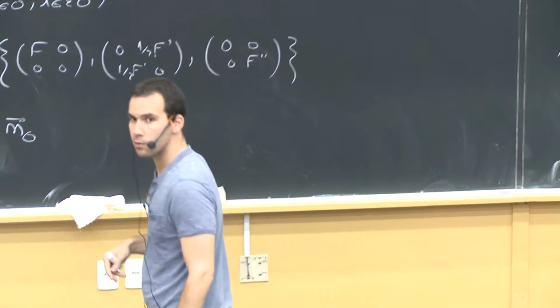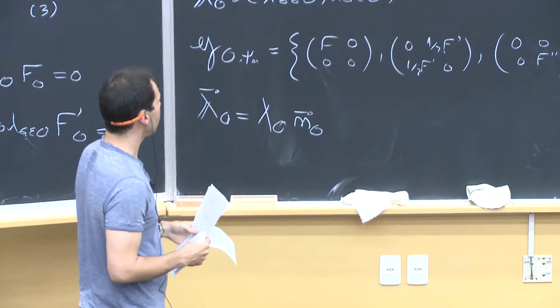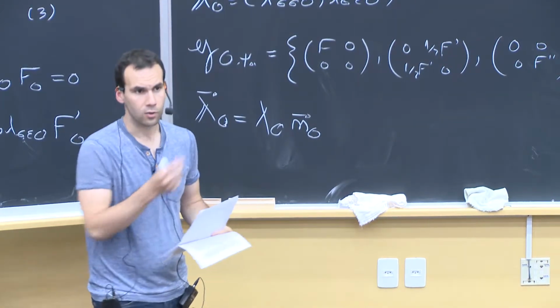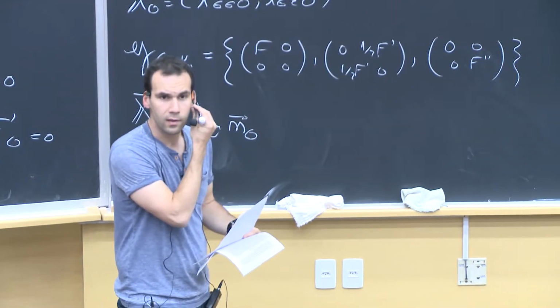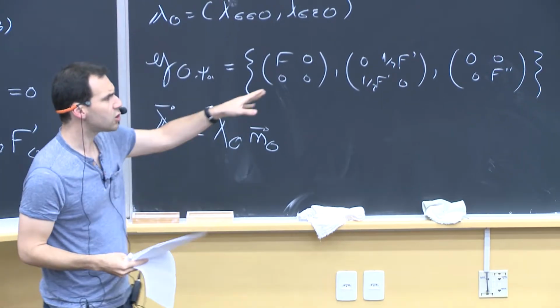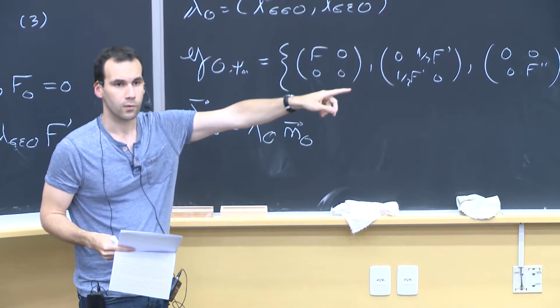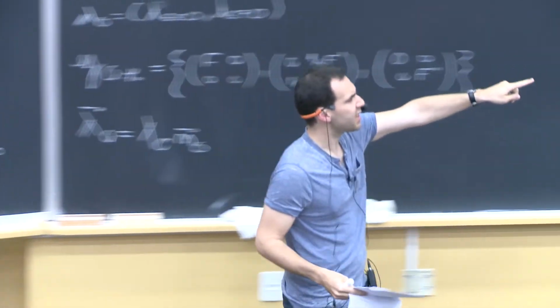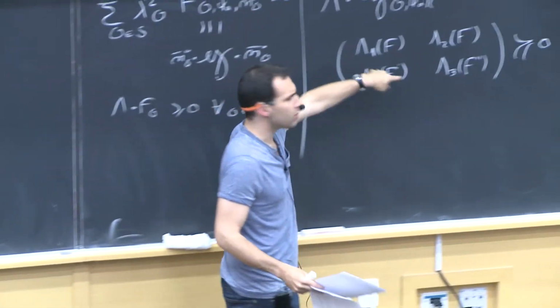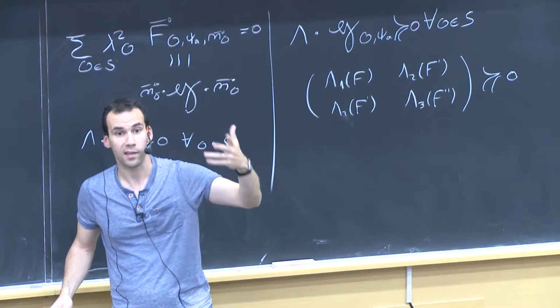That's too strong. Can you repeat the question? So the question is, why did I put them together? The point is that I can always choose to switch off some of those lambdas. I could just set lambda 2 and lambda 3 to 0, and I would recover the bounds that I had already.